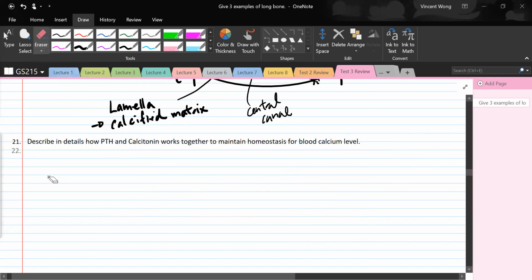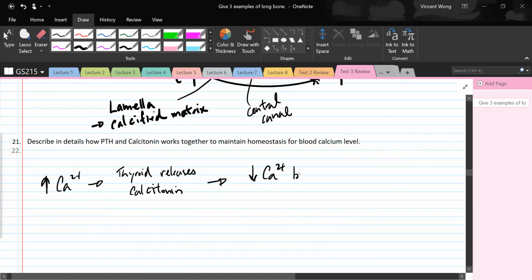If you have increasing blood calcium, of course, then the thyroid gland releases calcitonin, which will then lower calcium by depositing calcium in bones and reducing calcium absorption in the kidney.